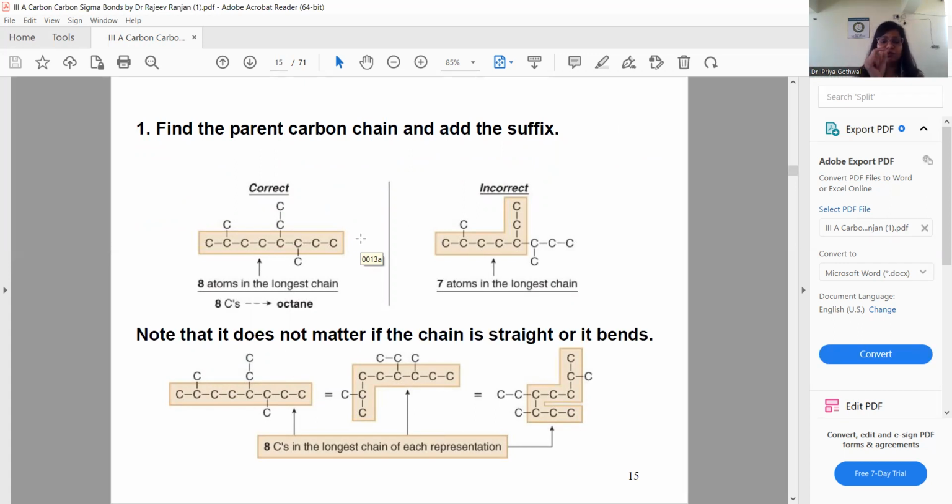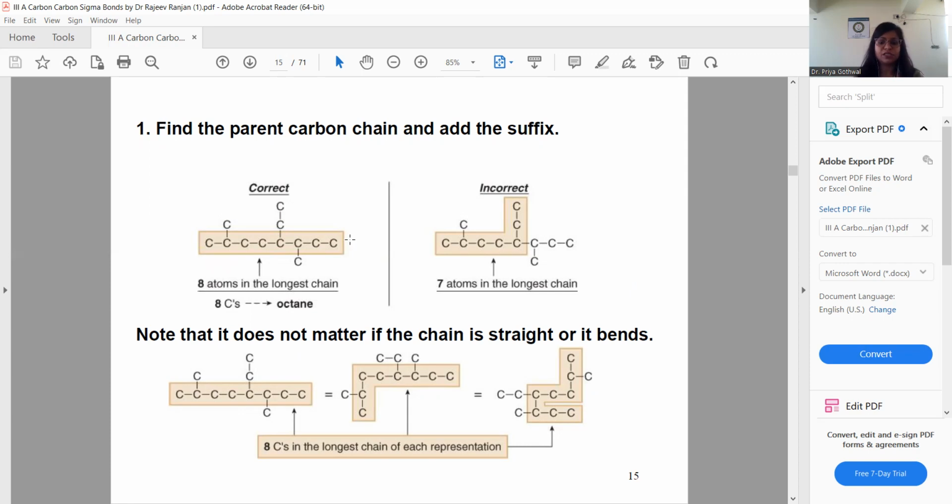First of all, we must choose the correct longest chain, having the maximum number of carbon atoms. As we can see here, the first possibility is 1, 2, 3, 4, 5, 6, 7, 8.